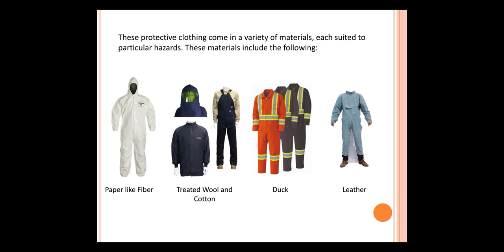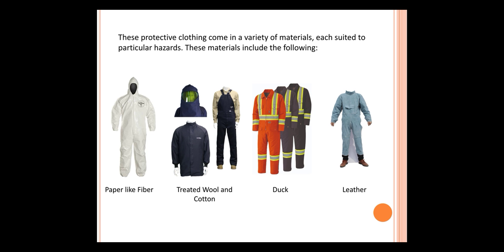Treated wool and cotton adapts well to changing workplace temperatures and is comfortable as well as fire resistant, while duck, this closely woven fabric, protects employees against cuts and bruises while they handle heavy, sharp, or rough materials.